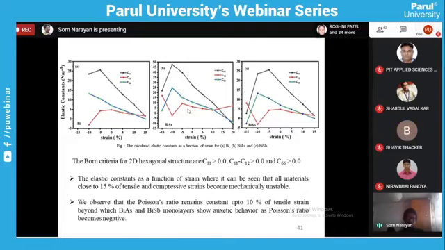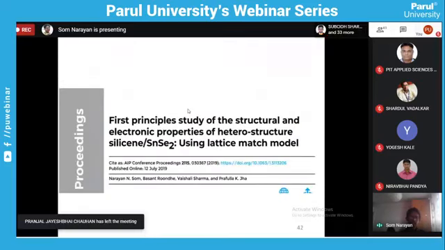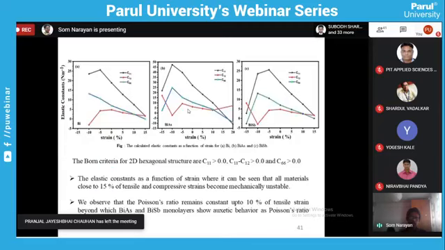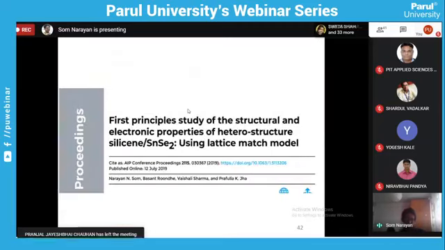Mechanically, it is found that 15% tensile strain keeps it mechanically stable, and its Poisson ratio is also about 10% of the strain, beyond which it exhibits an auxetic behavior as found in the case of graphene. With this we have gone for another system, silicene.